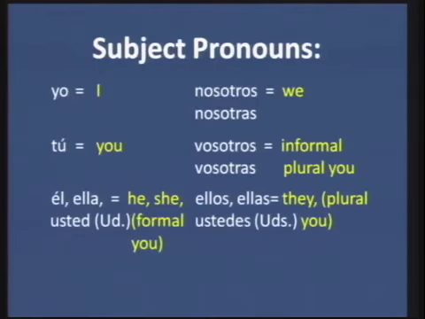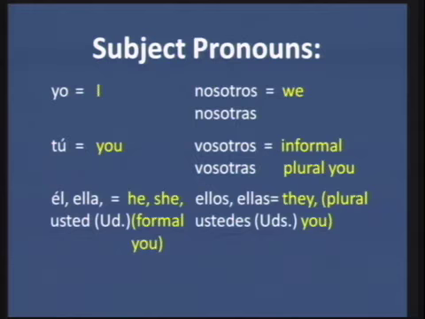So if you're talking to a group of friends in Spain, you say vosotros sois mis amigos. Okay? Ellos means they. Ellas is they if it's a group of females. And then ustedes is the plural you, talking to a group of people, is ustedes.